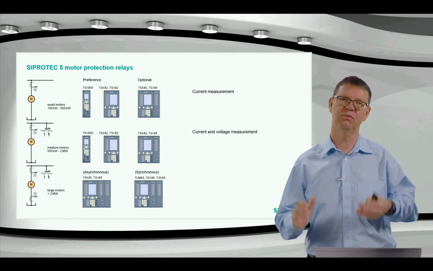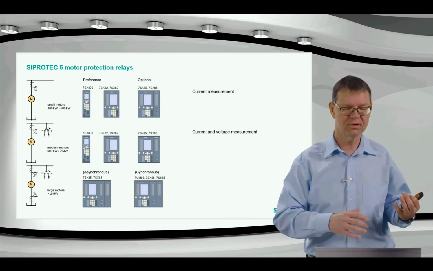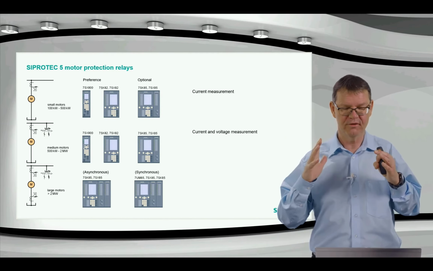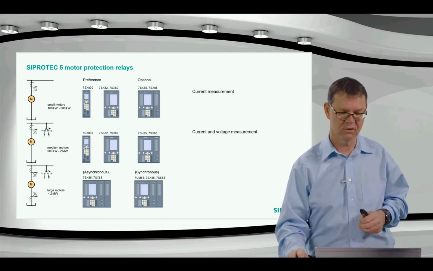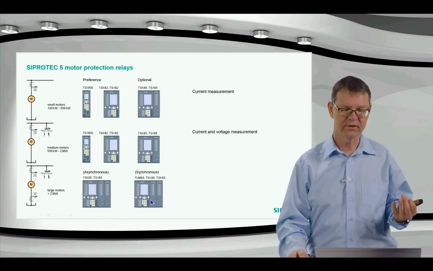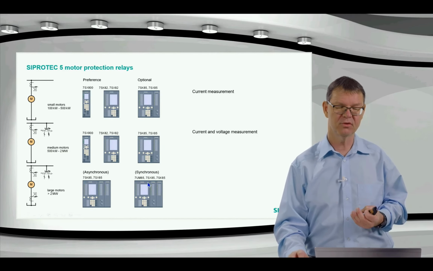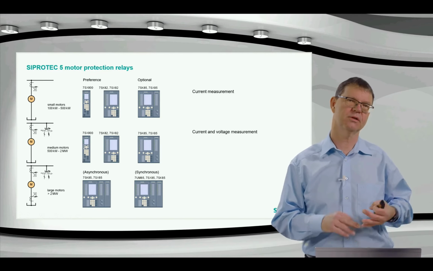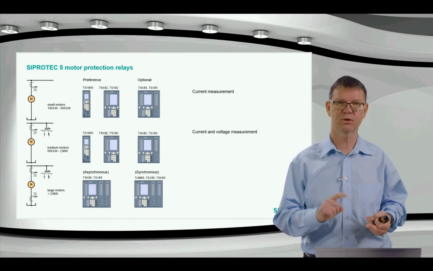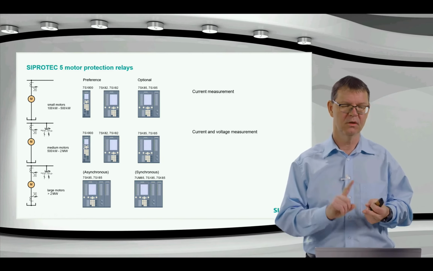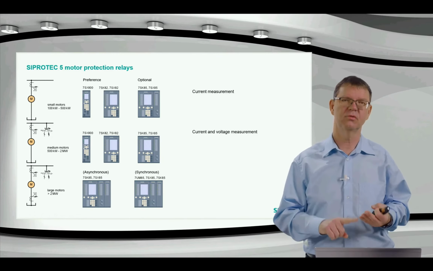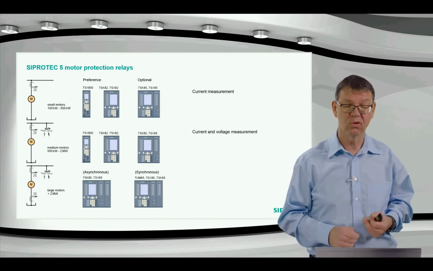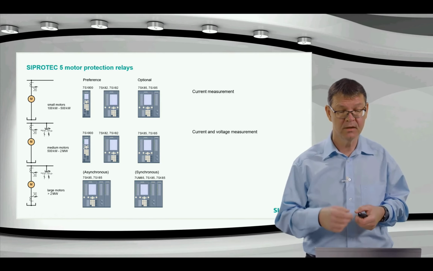So generators normally are the bigger ones, synchronous generators, and we have there also functions for a synchronous generator and motor implemented in the 7UM85. This is namely the under excitation protection, maybe the out of step protection, rotor ground fault protection, just to name the most important of these functions here.